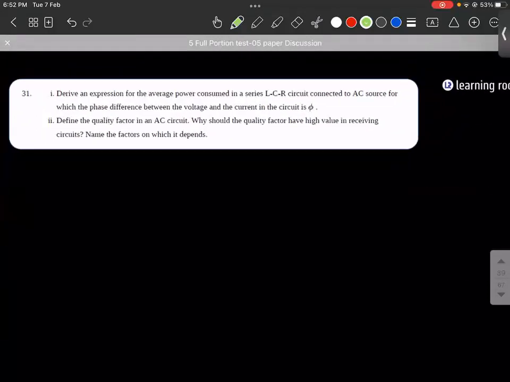Derive an expression for the average power consumed in the series LCR circuit connected to an AC source, for which the phase difference between voltage and current is phi. When you derive it, P_av will give E_rms into I_rms into cos phi. Next, define the quality factor in the AC circuit. So what is quality factor?